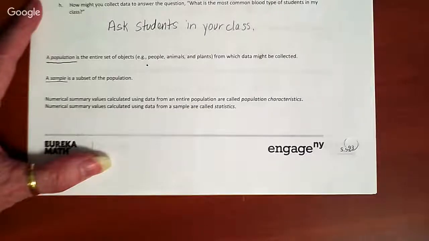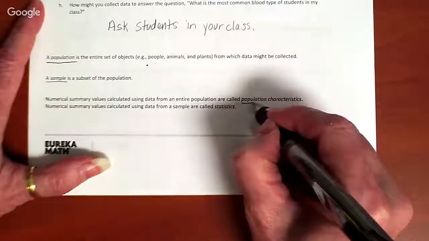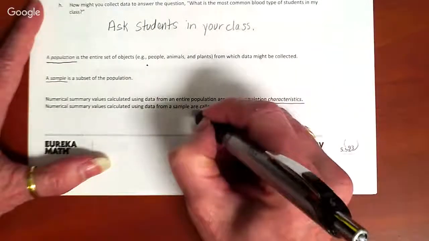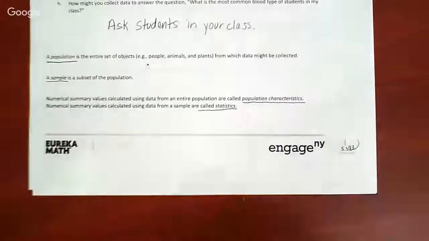Numerical summary values calculated from an entire population are called population characteristics, and the numerical summary values calculated using data from a sample are called sample statistics. We're going to work with them a little bit today.